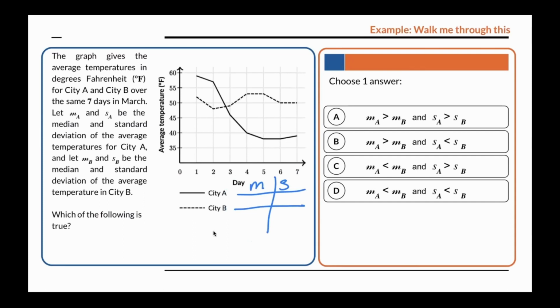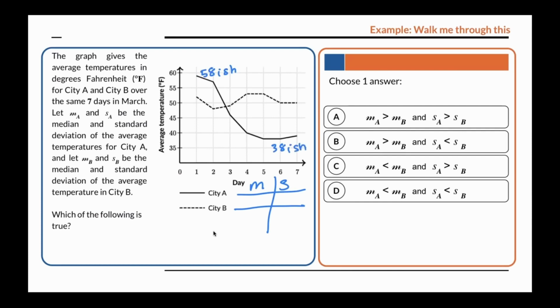Okay, so the way to do this question, which I think is gross and actually really hard to do on the digital SAT unless you do a lot of chicken scratch, is write the highest and lowest points. So on city A, the highest point is 58-ish, and the lowest point is 38-ish.